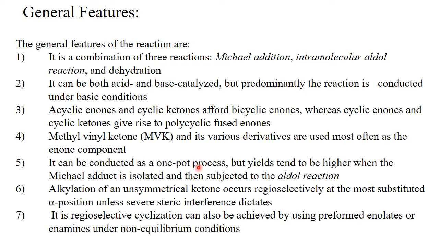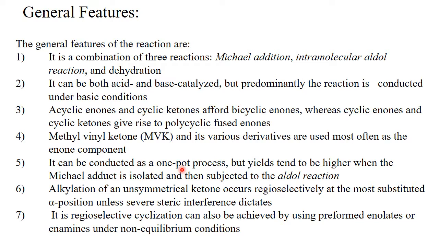If one of the two reactants is cyclic, the product will consist of a bicyclic system, and one ring of the bicyclic system must be the cyclohexenone system.